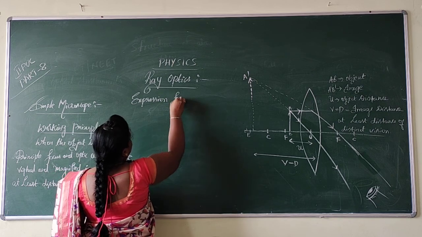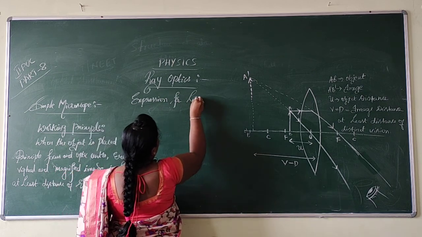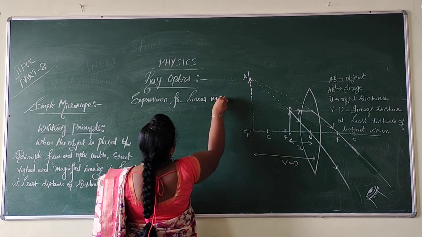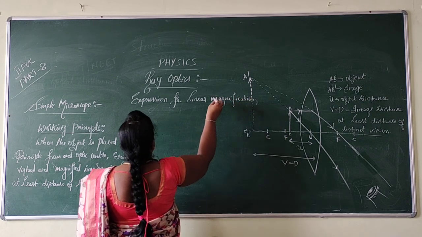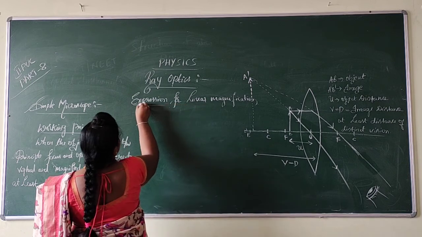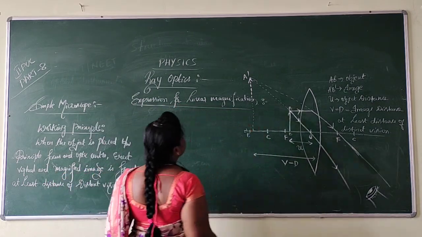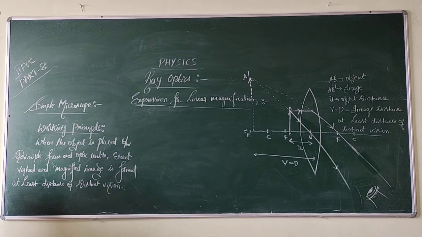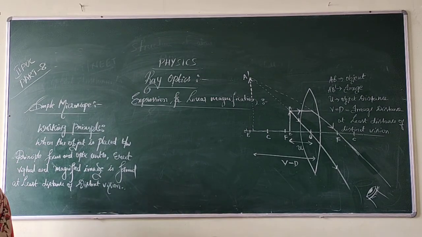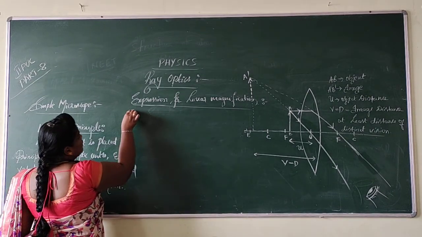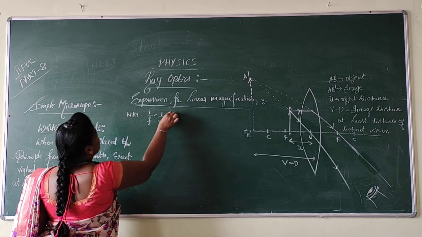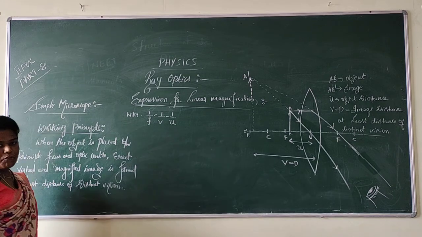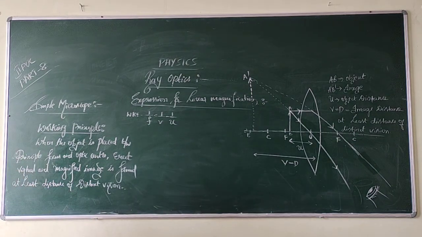Now let us move to the expression for linear magnification. This also comes under the simple microscope. We know that 1 by f can be written as 1 by v minus 1 by u. You know this formula, right? 1 by f is equal to 1 by v minus 1 by u.